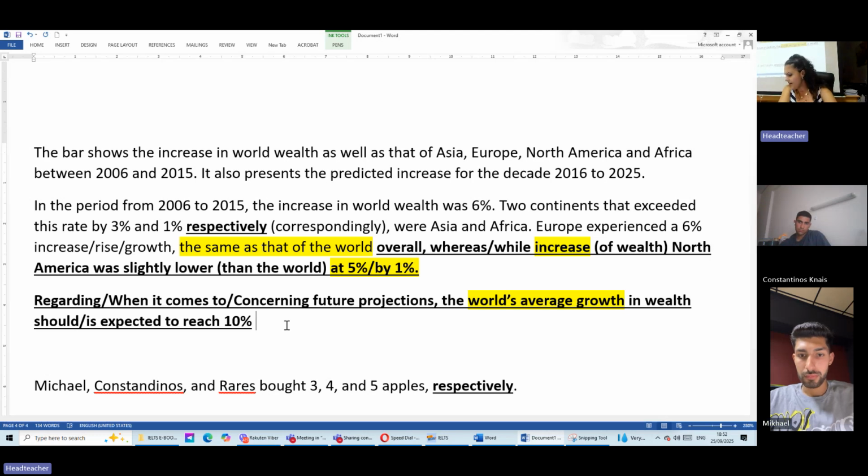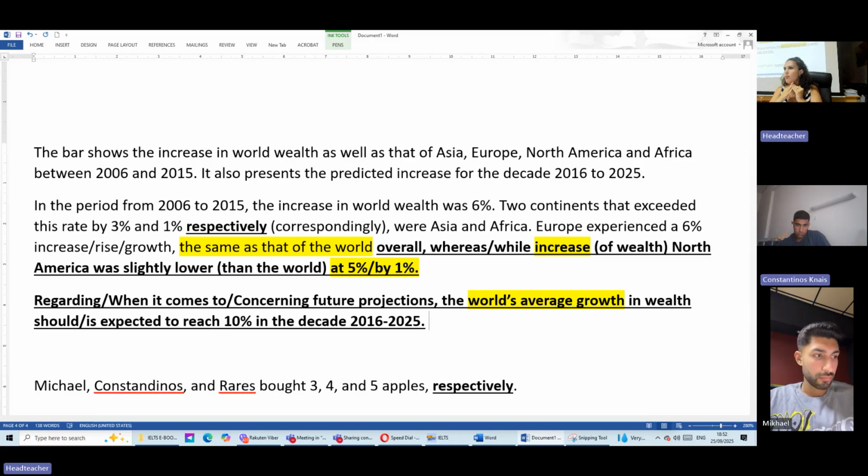So the period, Rares, you're right. In the decade 2016 to 2025. Am I right? Yes. Okay. And then, what would you do? Would you start describing Asia, Europe, North America, Africa in a descriptive way?